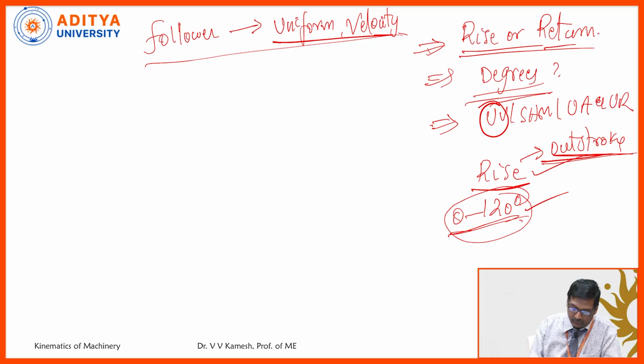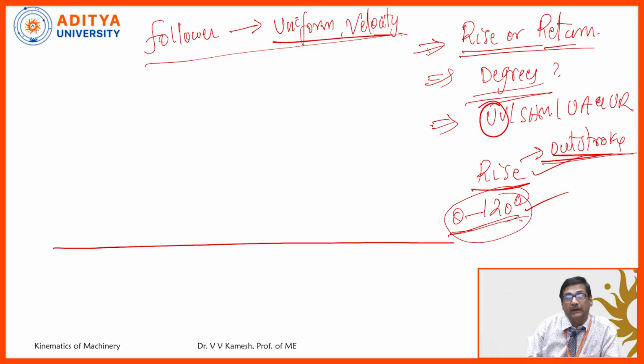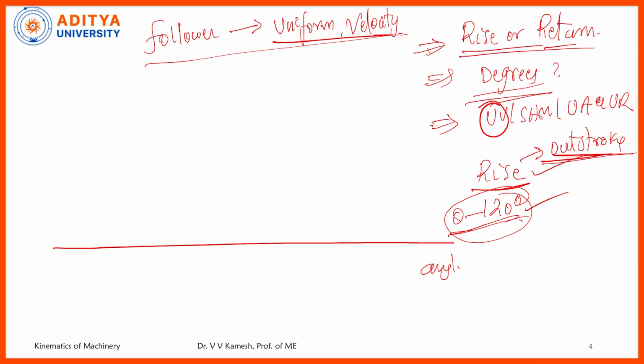Initially, on the x-axis I need to represent the angle of rotation. So, how many degrees of rise, next dwell, and one more thing we discussed earlier: once I have the rise, it needs to be followed by either return, which generally we do not do, or dwell.